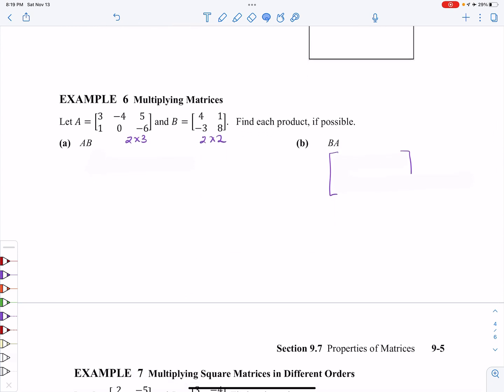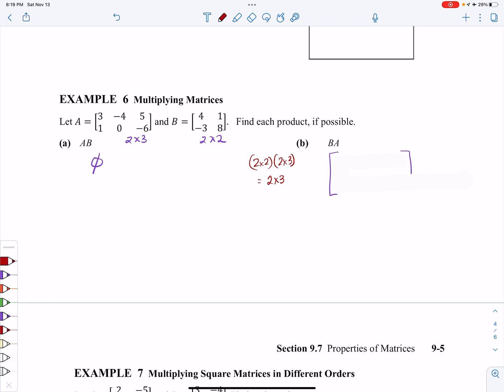For example number 6, part A, we've got a 2 by 3 times a 2 by 2. Since my inner numbers don't match up, we would say this one is not possible to find a product. However, if I do B times A, this is going to be a 2 by 2 matrix times a 2 by 3 matrix, and so my answer is going to be a 2 by 3 matrix.